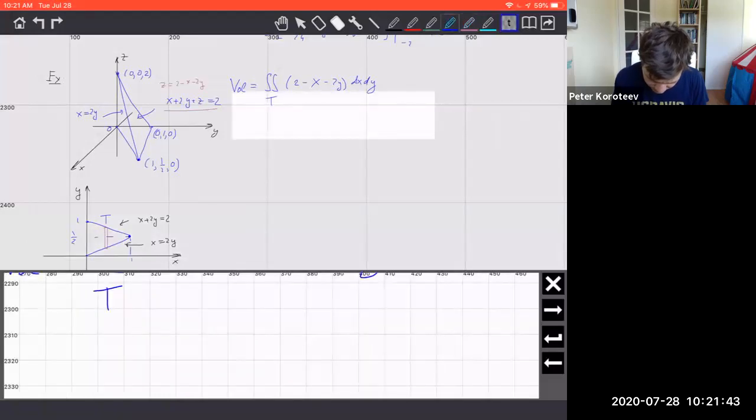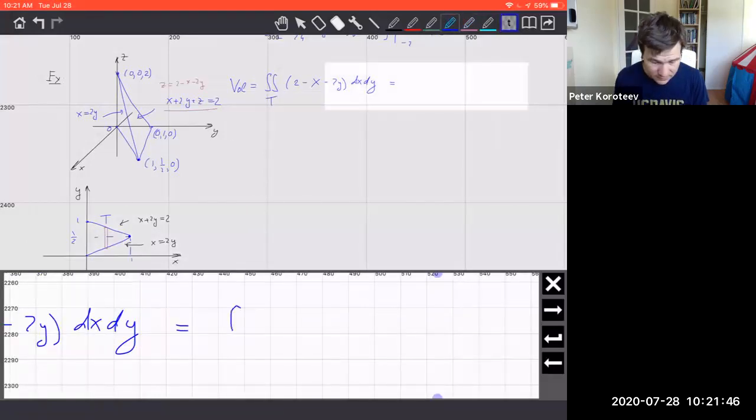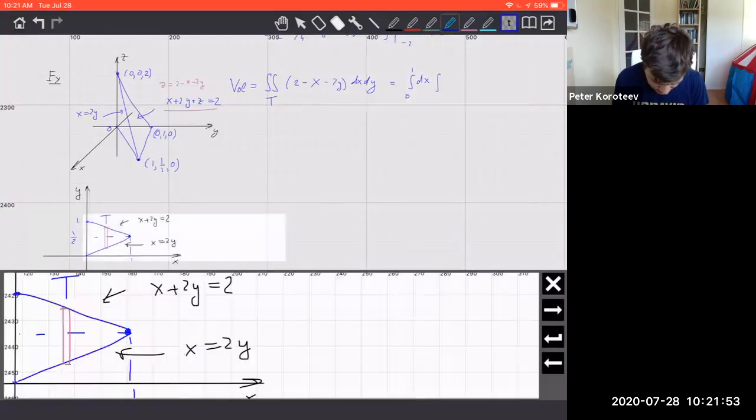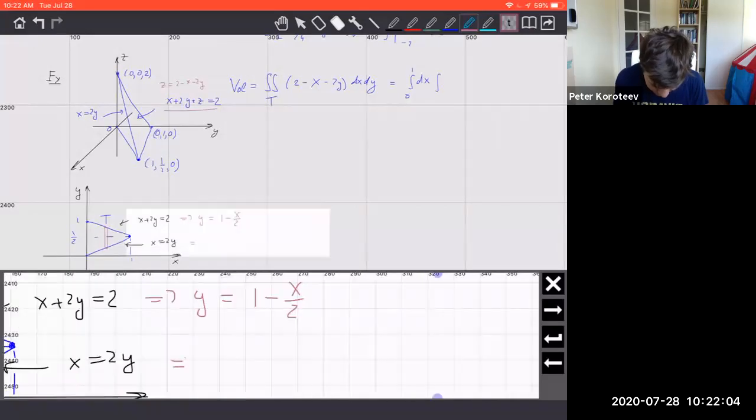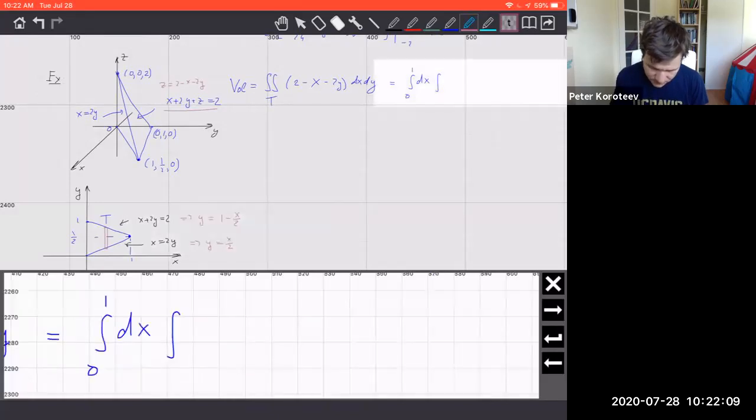Right? So then we can rewrite it as the integral from 0 to 1 dx. This integral will be done last, and then we do the integral over y. We need to solve for y here, right? So here y is equal to 1 minus x over 2, and here y is equal to x over 2. So therefore the integral will go from x over 2, because it's on the bottom, to 1 minus x over 2 of the same integrand.